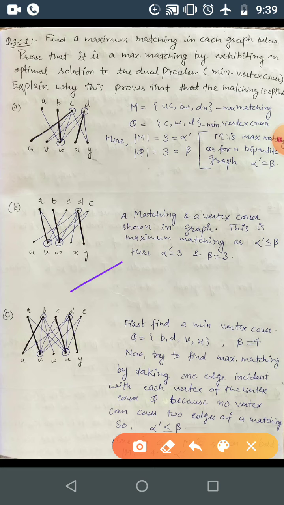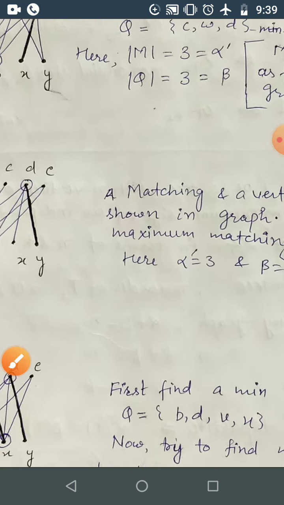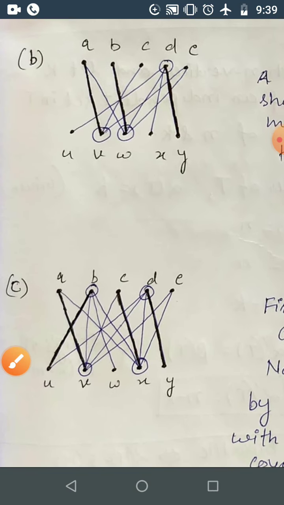Now here find the minimum vertex cover. So minimum vertex cover, first X is covering Y, that is X covering most of the edges, here V covering most of the edges, here D and B. So all the edges are being covered. You can see how. Let me zoom it.